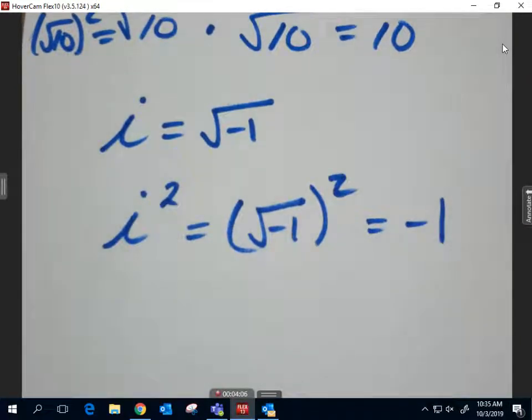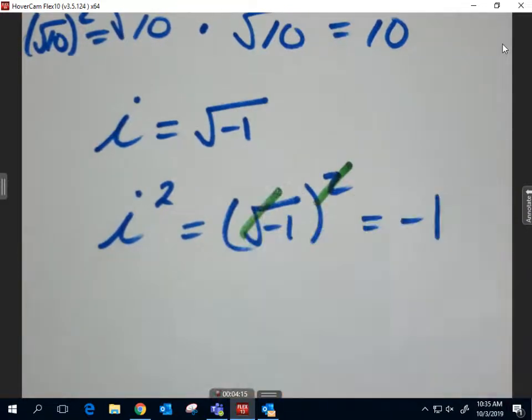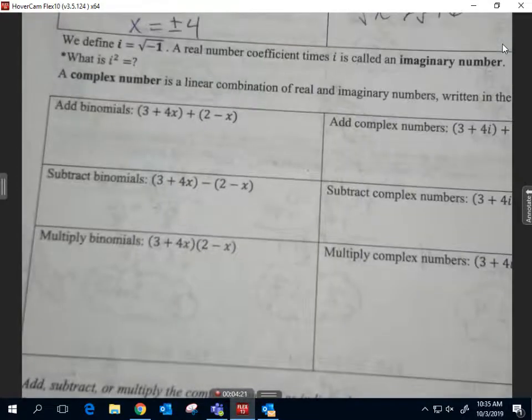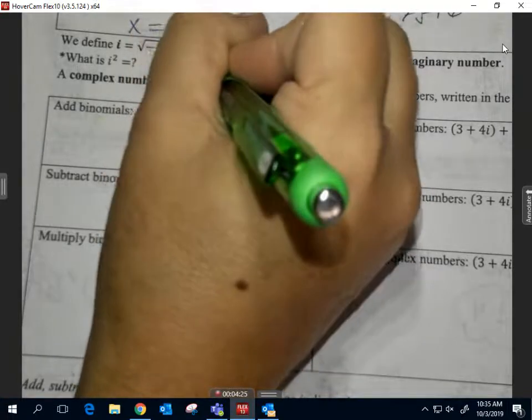Because like you said, the squaring and the square root cancel each other out. So you're just left with negative 1. Alright. So we're going to put that i squared is equal to negative 1.